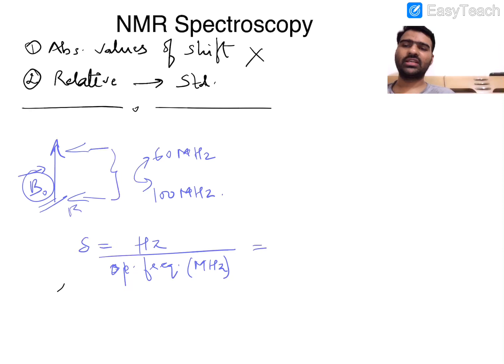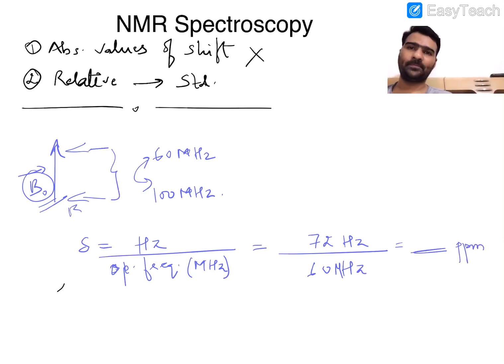So if there is a shift in the signal by about 72 hertz when we use a 60 megahertz instrument, then the chemical shift value will be defined as 72 divided by 60, and the final value will be given in units of ppm.